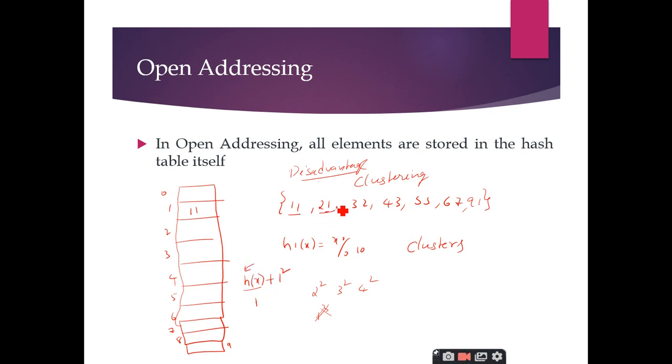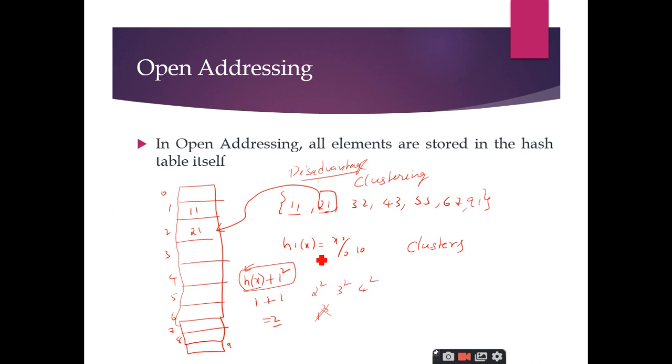If you take 21 here, it generates a key equal to 1, but this time I am not going to search the next location linearly. I am going to use this formula. So 1 plus 1 square, which is 1, so the resultant is 2. Therefore I should store this 21 inside location 2. Is it clear up to this point?